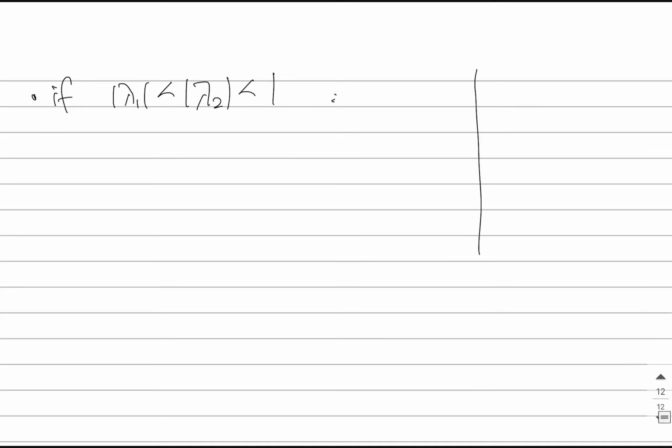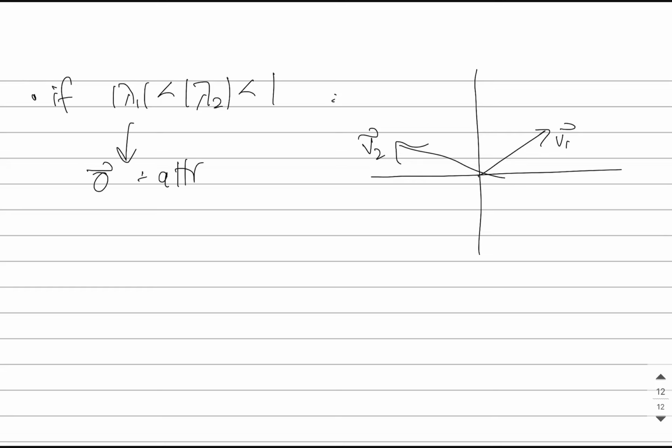And you'll end up getting a picture that looks kind of like this. The origin here would be called an attractor, because all solutions go to 0 as you evolve them forward.